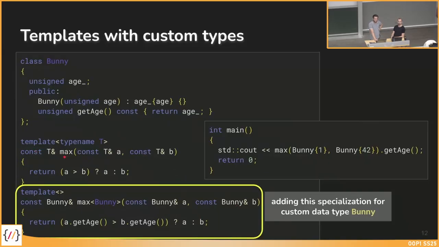But if we specify in the second template where we put bunnies that it is an animal, I think this one will then be called, because a bunny is an animal.